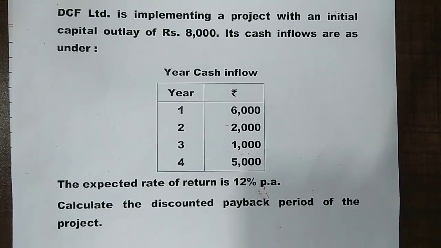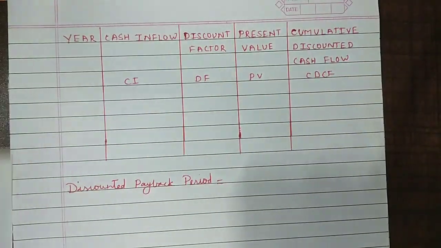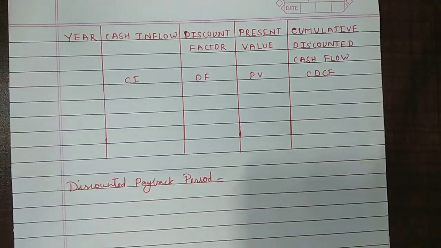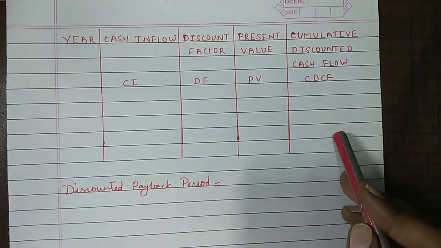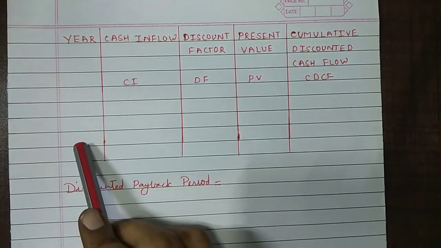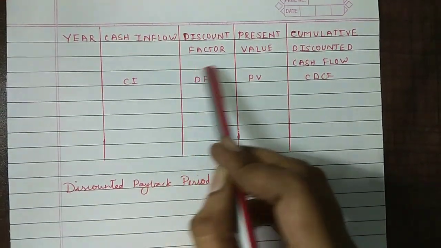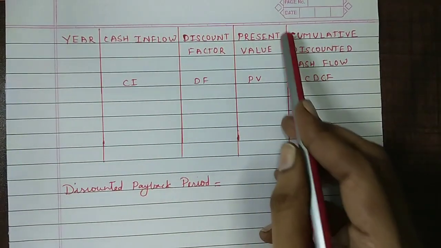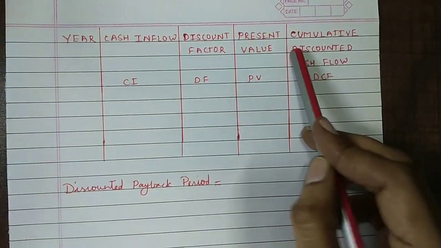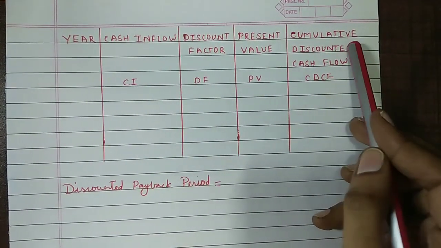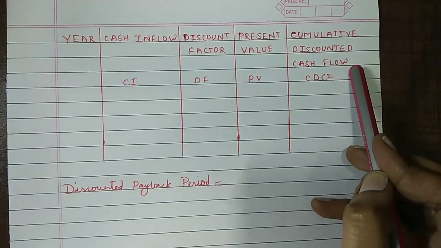So how to solve such type of sum? For that, you have to prepare a table with 5 columns. The first column is year, the next column is cash inflow, the third column is discount factor, the fourth column is present value, and the last column is cumulative discounted cash flow.